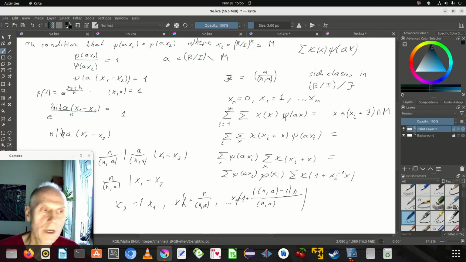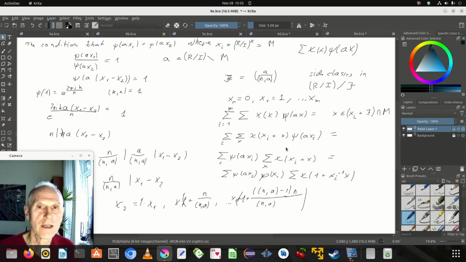And now I would like that this sum vanishes. So that was actually where I needed that this formed a subgroup of the multiplicative group.